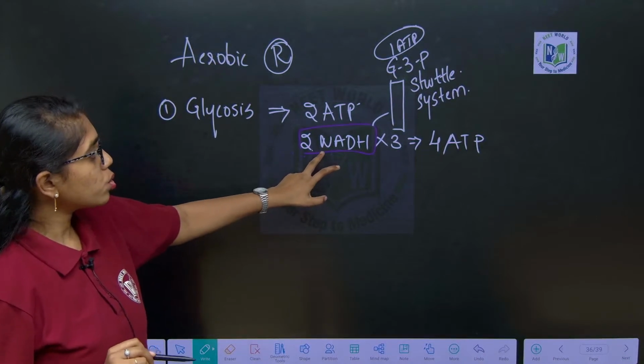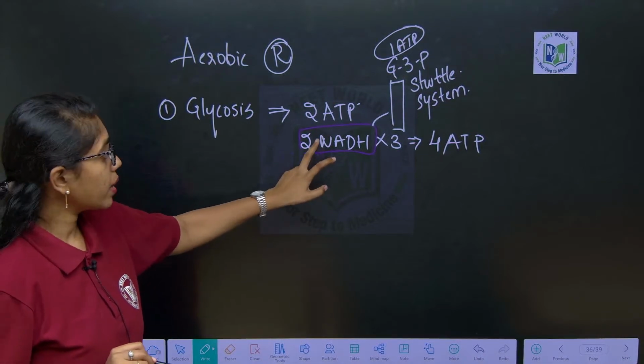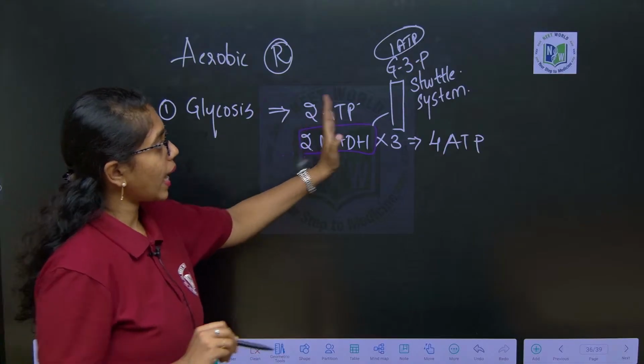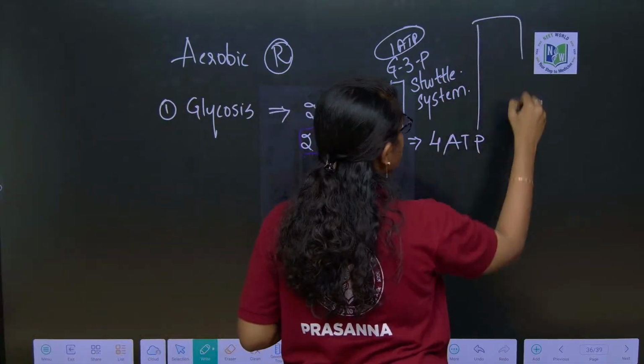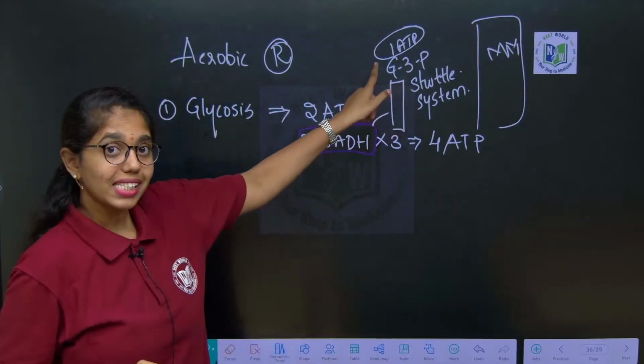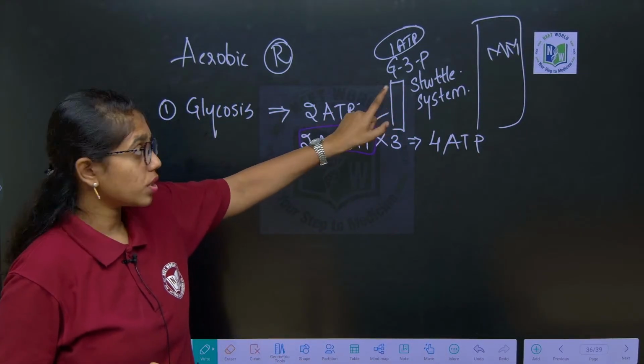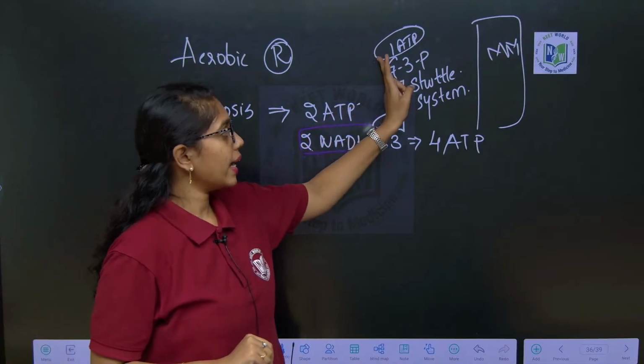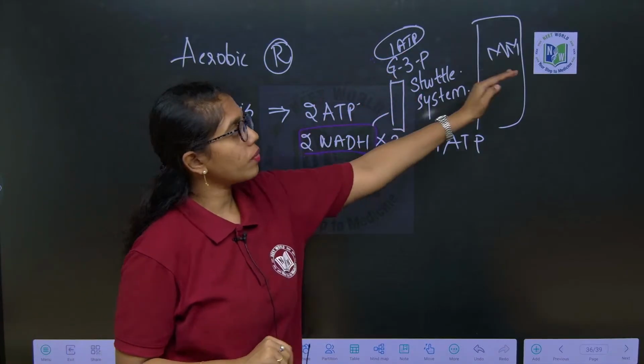From glycolysis 2 NADH are released, but for the NADH to be carried to the mitochondrial matrix, one shuttle system is activated, which we call the glyceraldehyde 3-phosphate shuttle system. It will utilize 1 ATP to transfer 1 NADH.